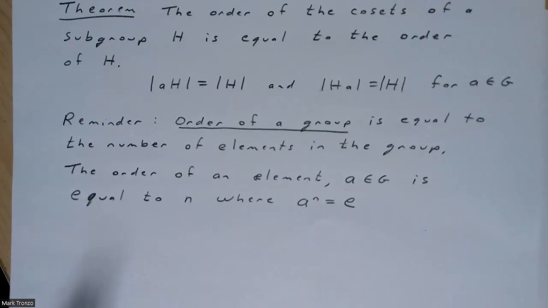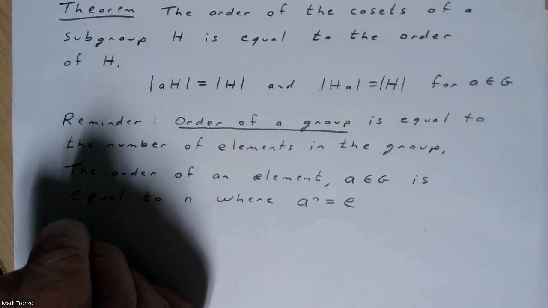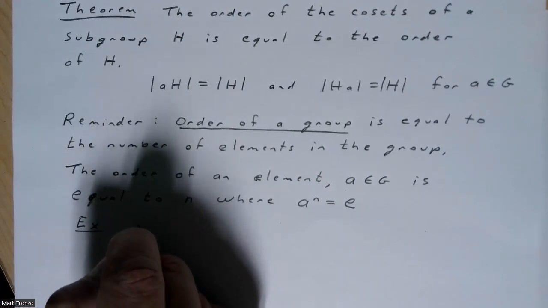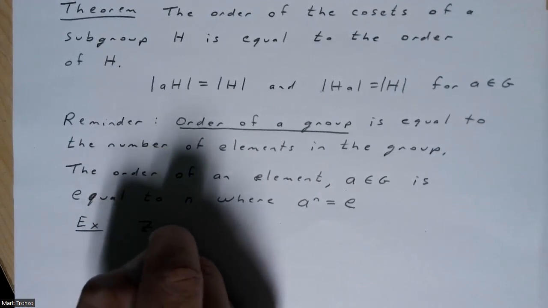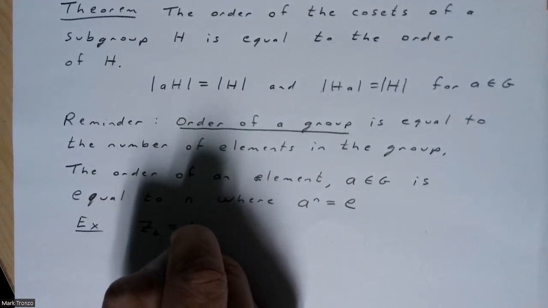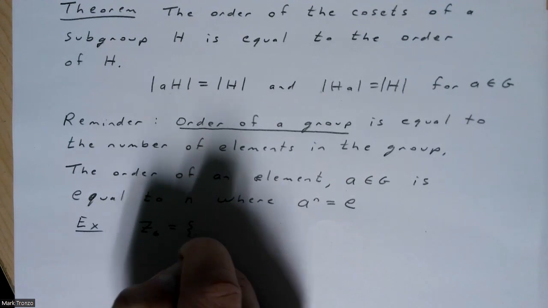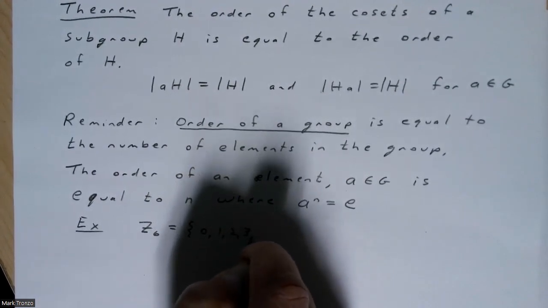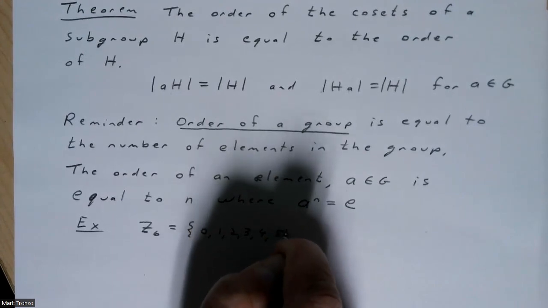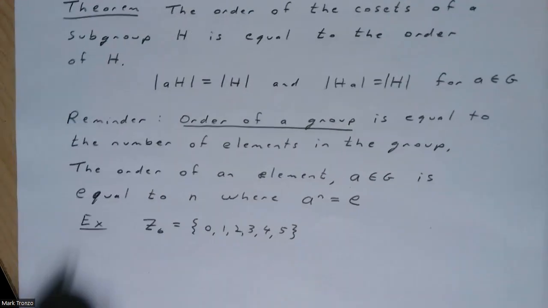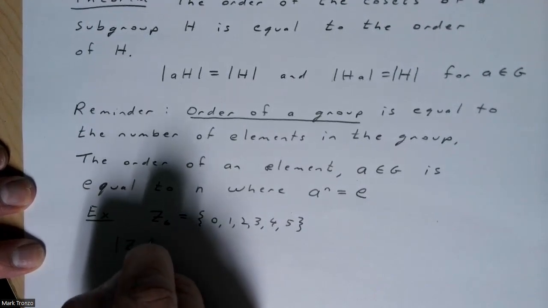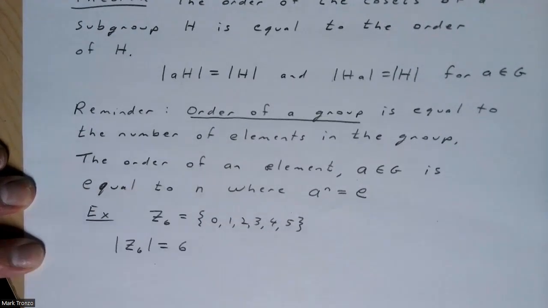So let me just do a quick example. Let's say we have the group Z6. Then the order of the group Z6 is obviously 6, as it has 6 elements.